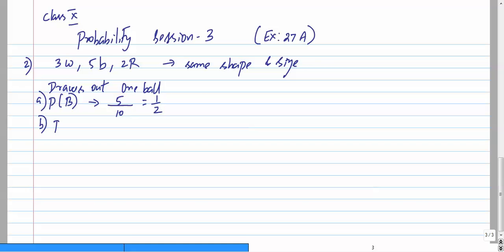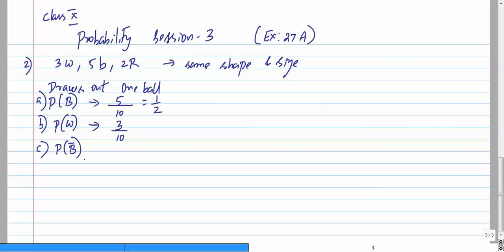Similarly, what is the probability of picking a white ball? It is 3 upon 10, because there are 3 possible outcomes out of a total of 10 outcomes. Another tricky question is the probability of not getting a black ball.